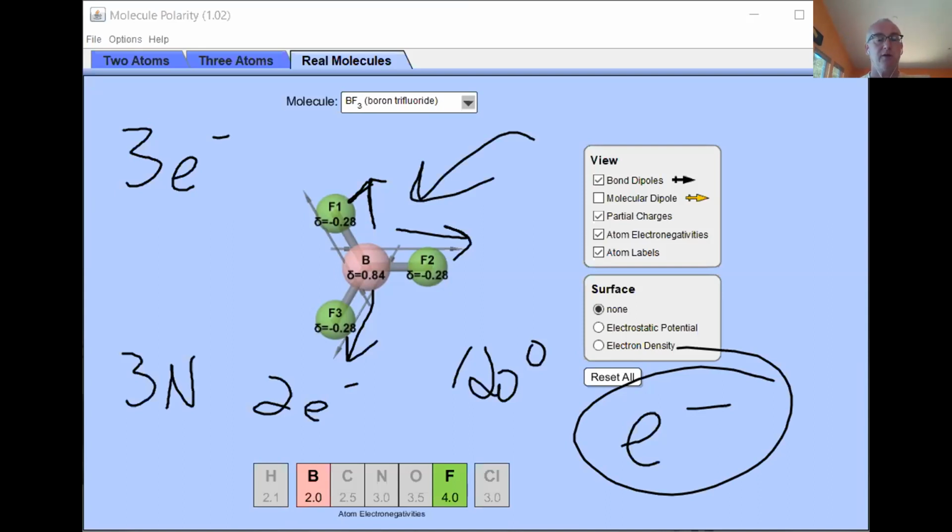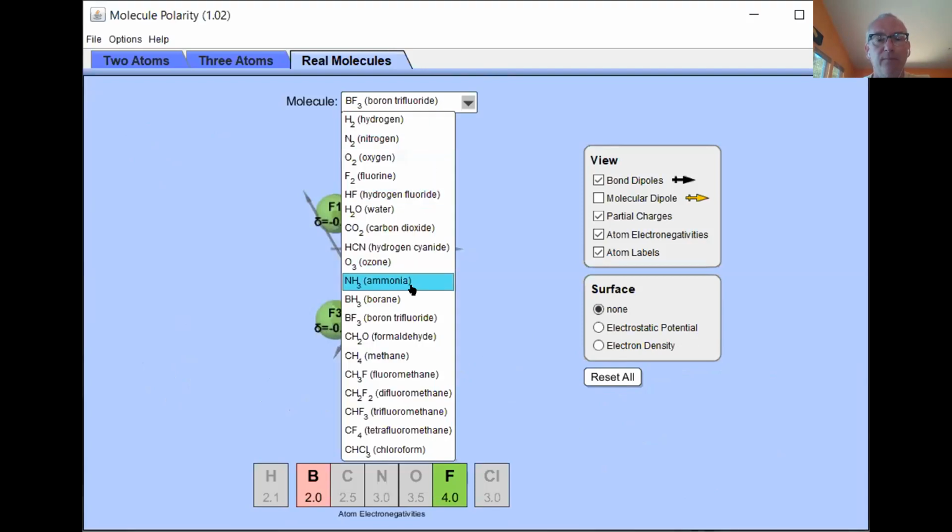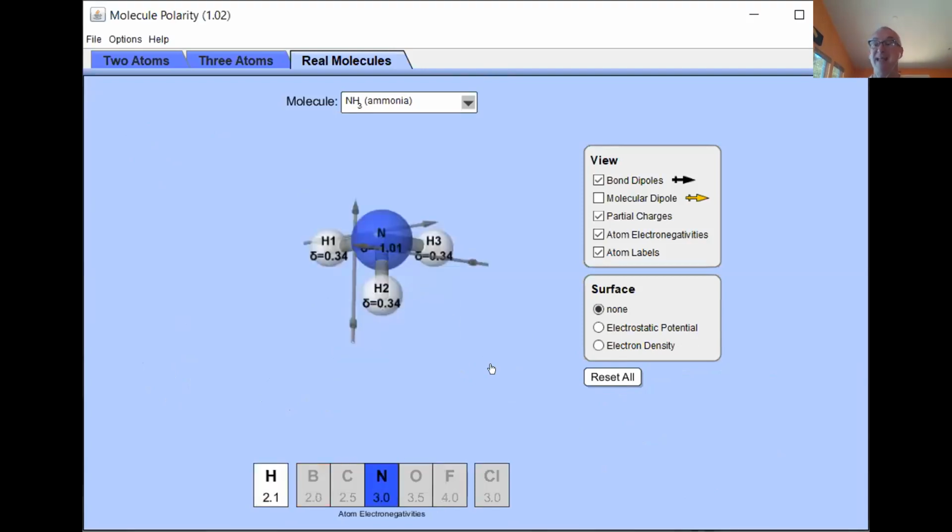And that's why when we looked at ammonia, look at ammonia again. When we looked at ammonia, it's not planar because what we can't see here, but what is actually here, is a pair of electrons on the top.